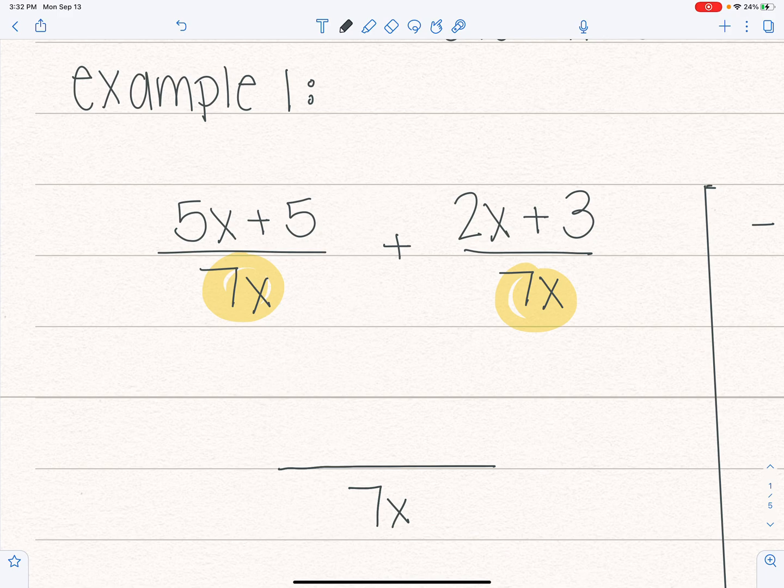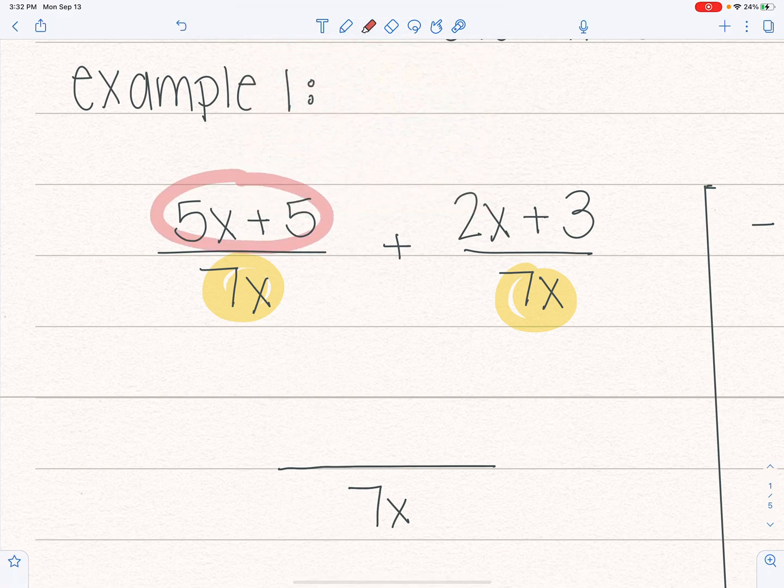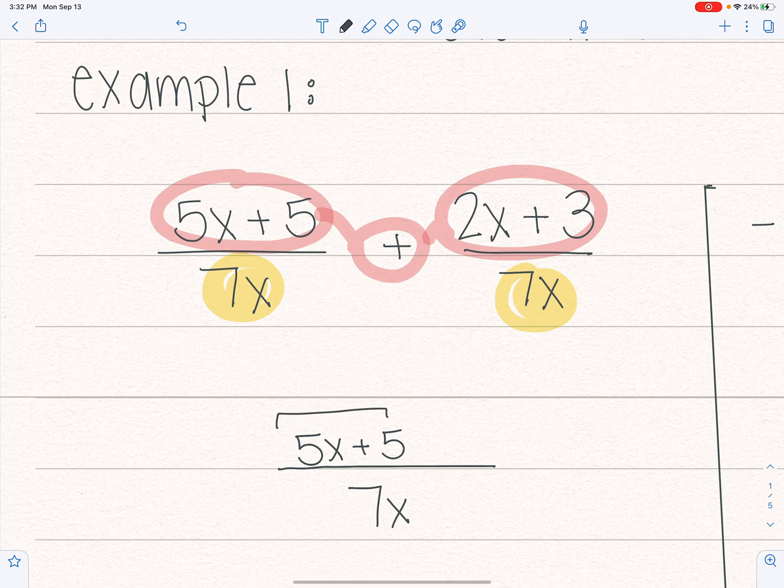So I'm going to combine this first fraction numerator, 5x plus 5, plus the second fraction numerator, 2x plus 3. So my new numerator will be 5x plus 5, that's fraction 1, plus 2x plus 3, and that is fraction 2.